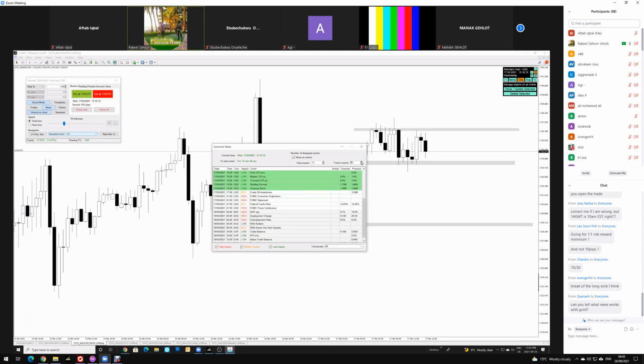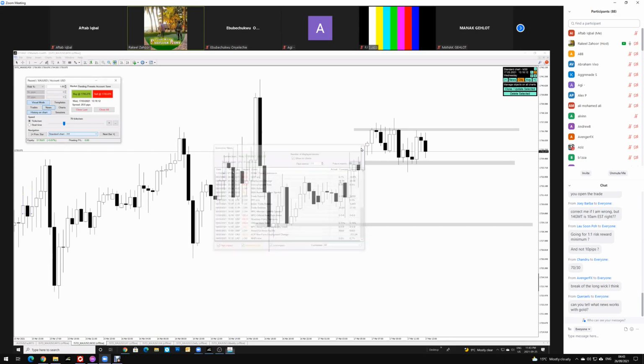Sometimes we have ISM manufacturing at around 10 a.m. Eastern, I think on Wednesdays or Tuesdays. That sometimes works a lot if gold has been consolidating for pre-New York and New York Open. But it's all based on just looking at gold on high impact news and seeing how it moves.